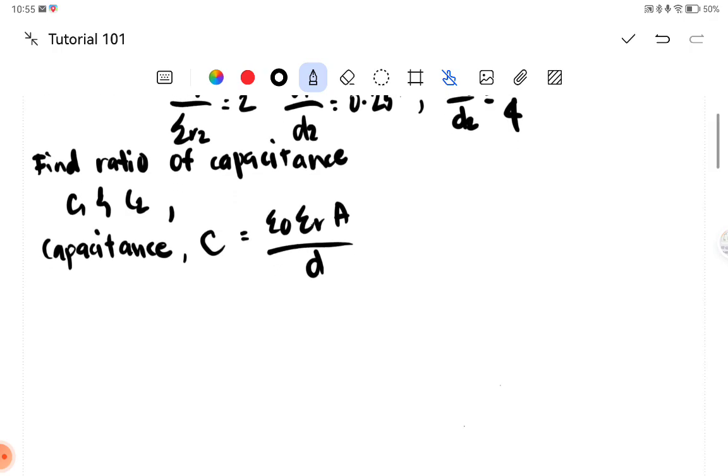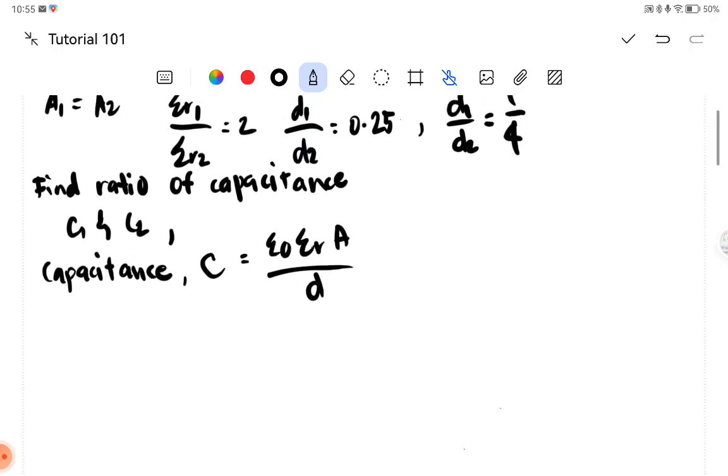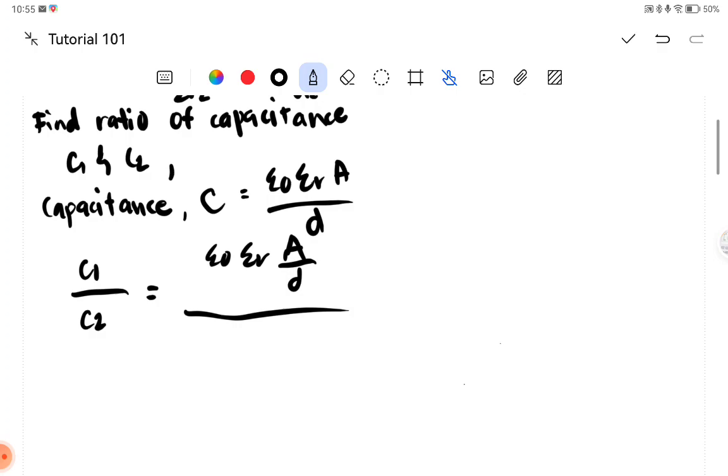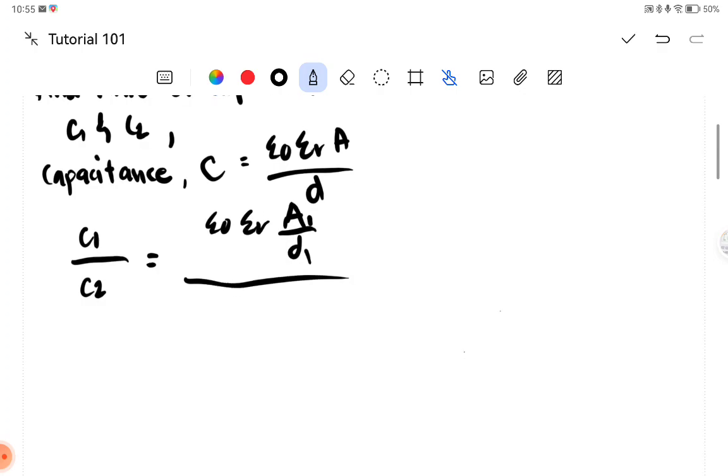So let's have the ratio of C1 over C2. So C1 over C2 is equivalent to EO, ER1, A1 over D1, this is the formula for capacitance, all over EO, ER2, A2 over D2.